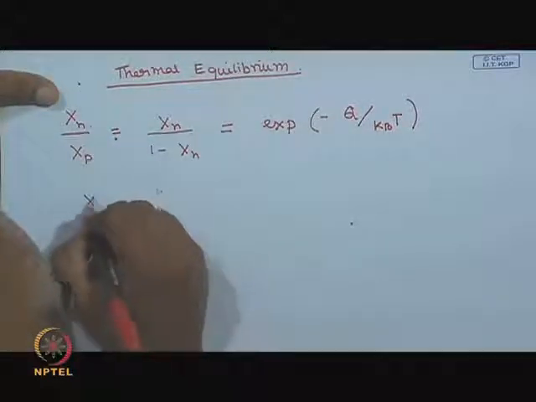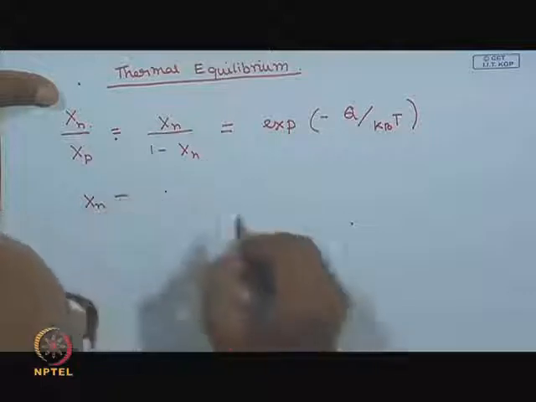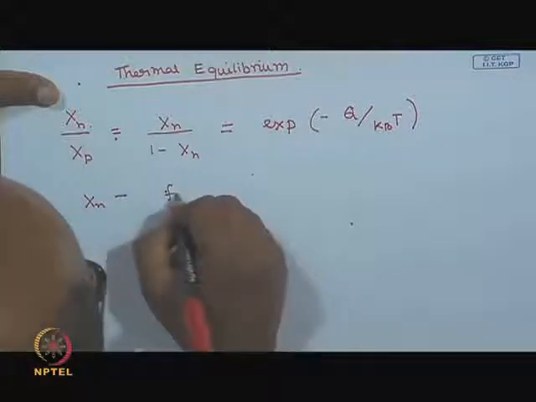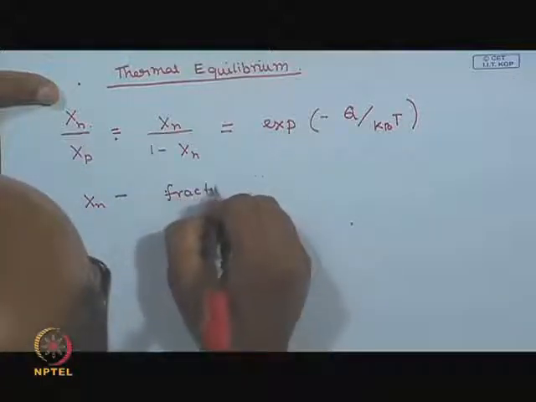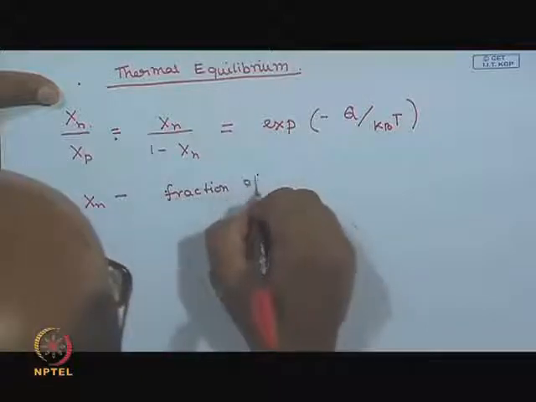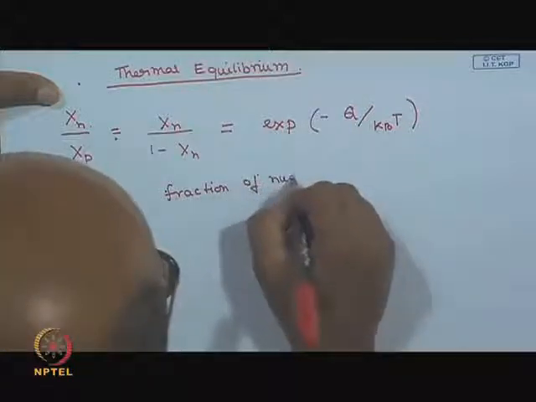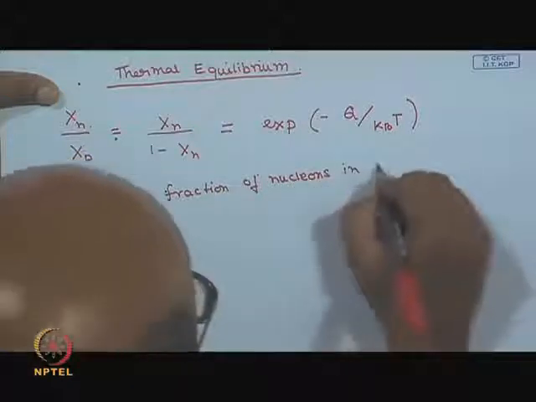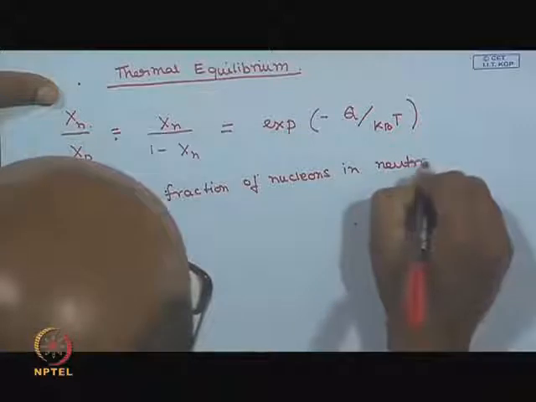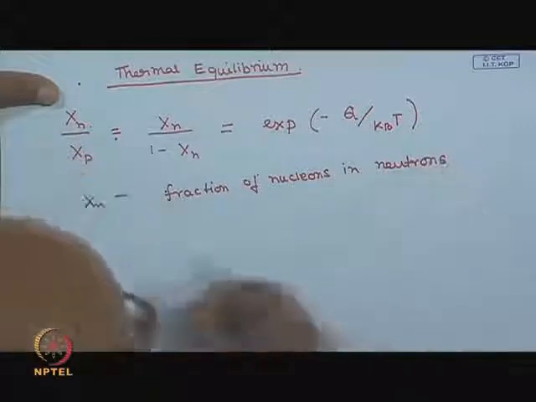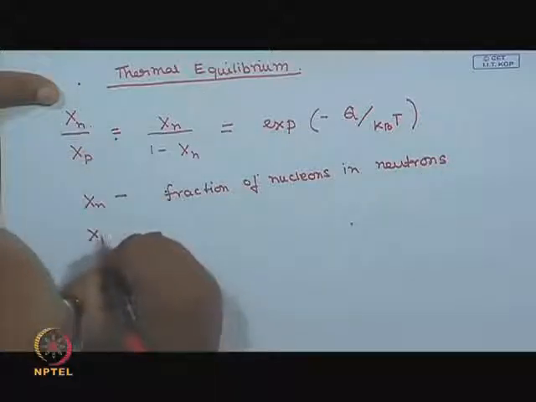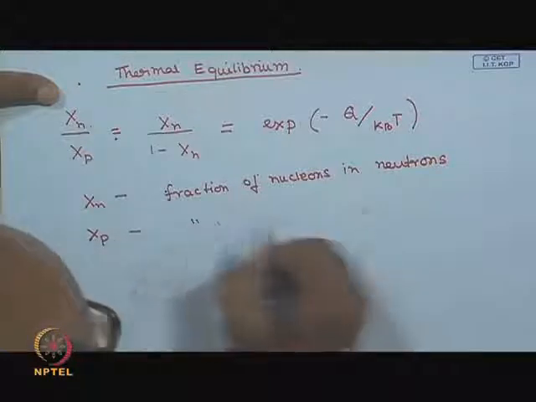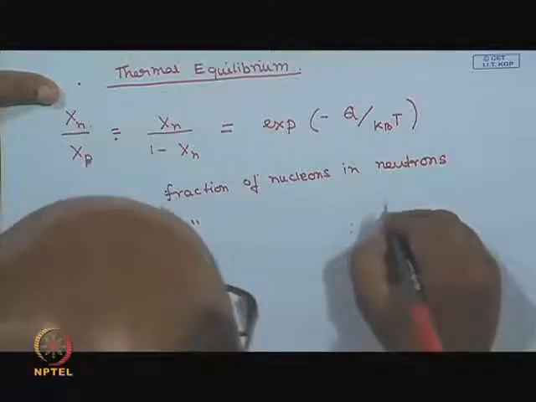Xn, for example, is the fraction of nucleons in neutrons. Similarly, xp is the fraction of nucleons in protons.